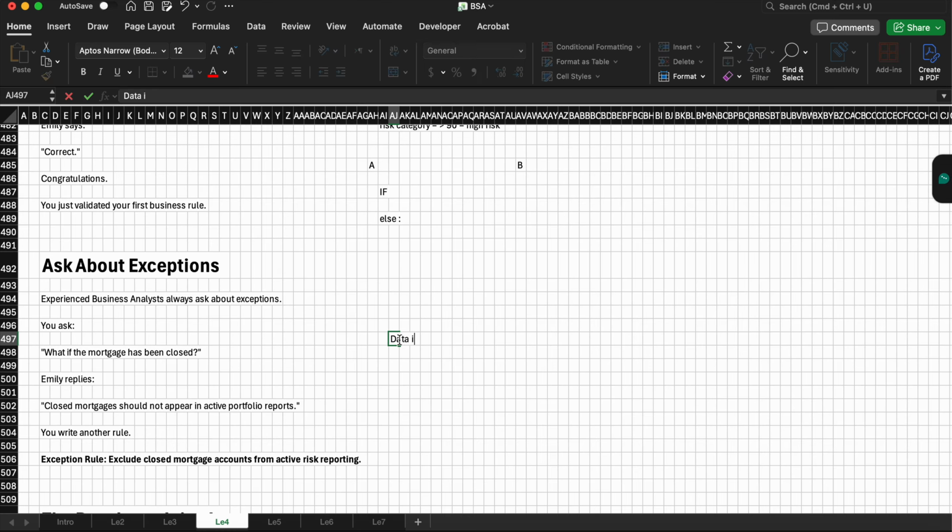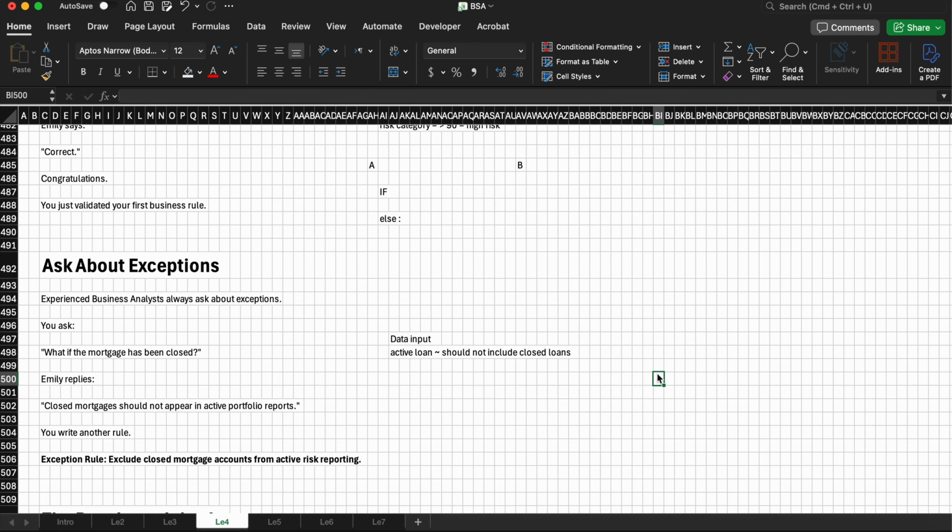For data input, we should have our rule to have only active loans, or the other way around, it should not include closed loans.